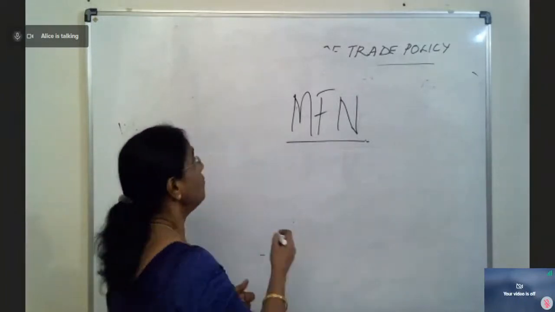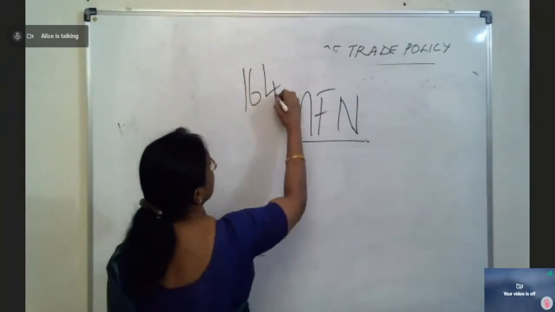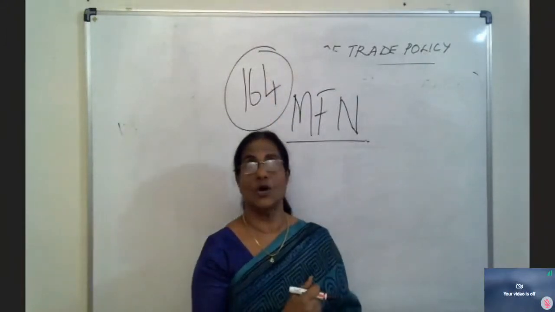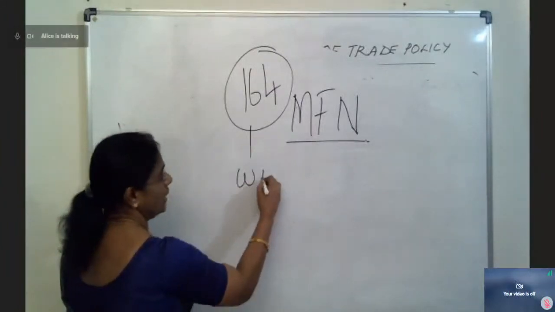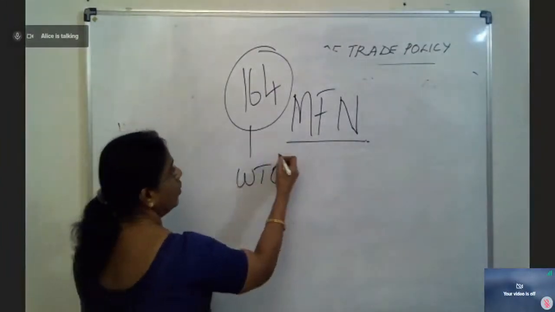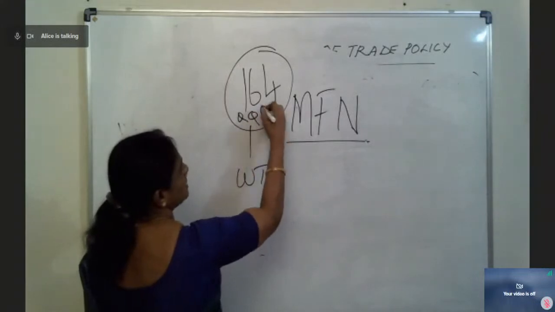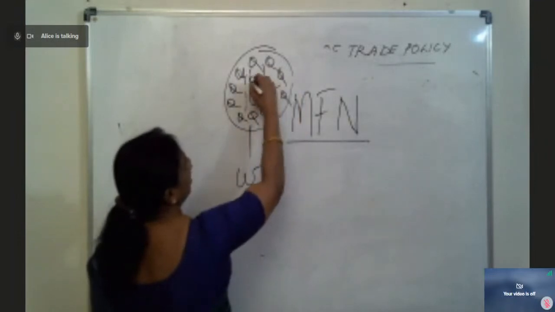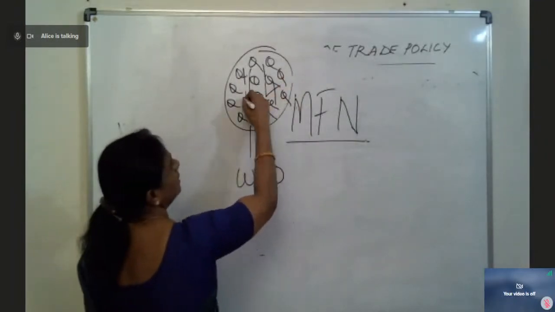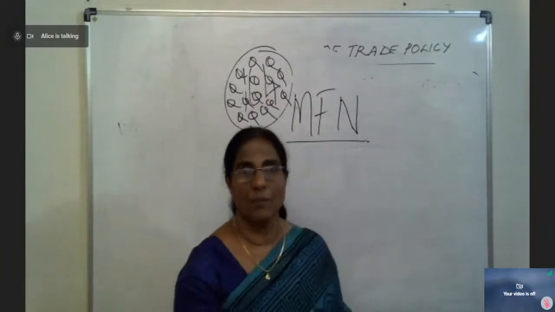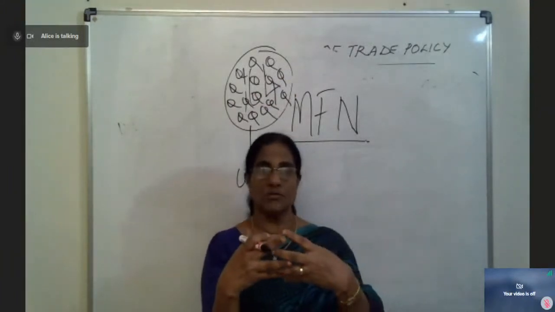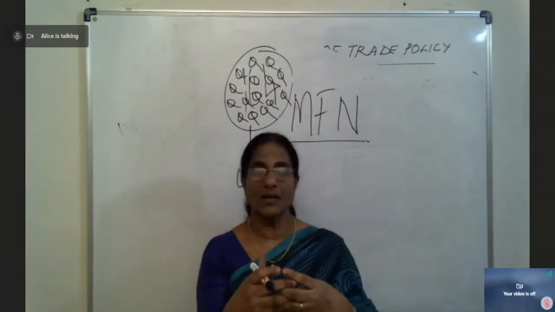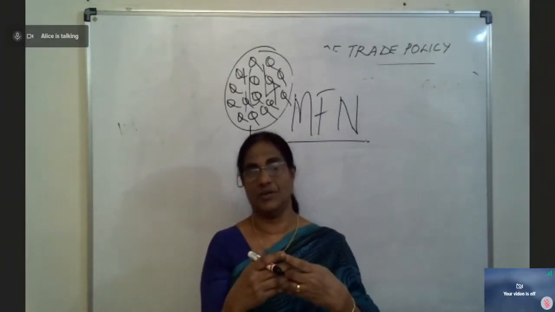Like that, we have a 164 country multilateral organization which is known as WTO. All these 164 members, big and small, quarreling and friendly, are most favored as far as trade is concerned. Okay, they are most favored, right?